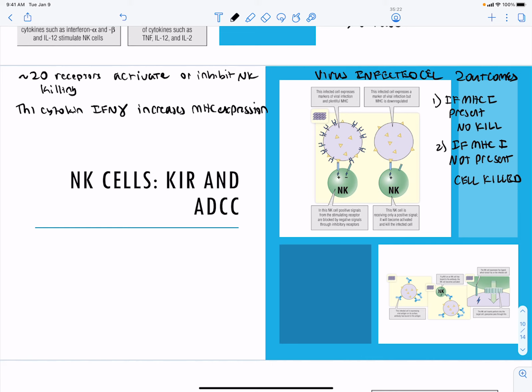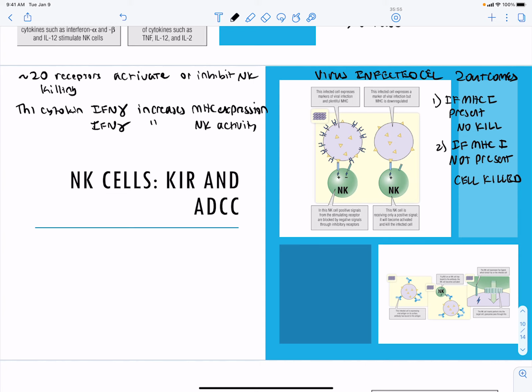You're going to get interferon gamma, and it should increase MHC expression on the surface because you want the CD8 T cell to be able to find the infected cell. Interferon gamma also increases NK cell activity. And this is because there are many viruses with virulence factors that will interfere with MHC1 expression. And so you need the NK cells to be active so that they can go around and find those cells that are not expressing MHC.